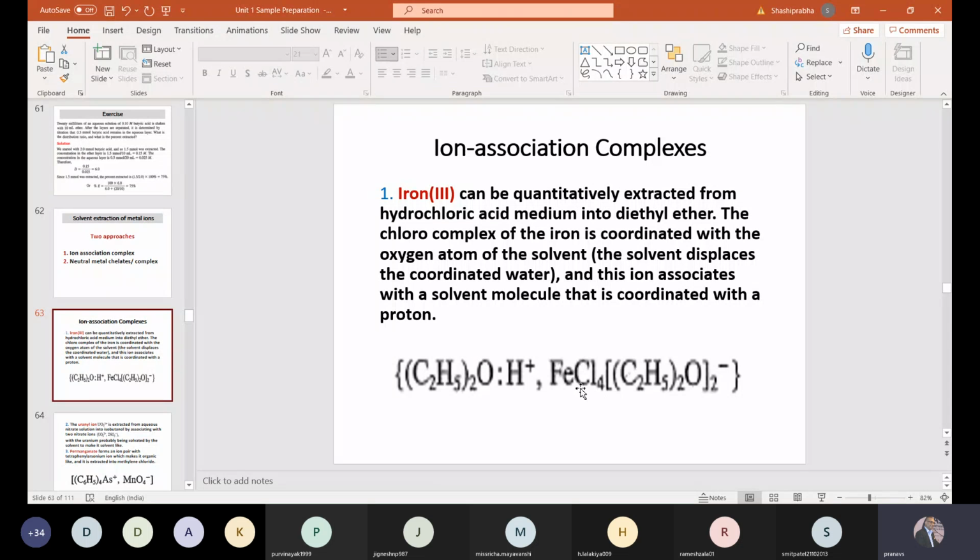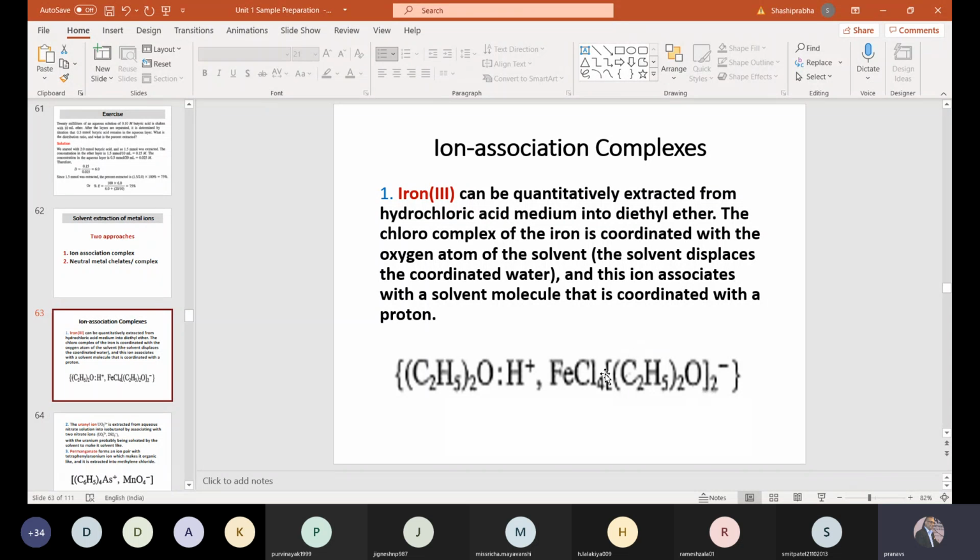This is FeCl3; FeCl4 negative is formed. That is obvious.